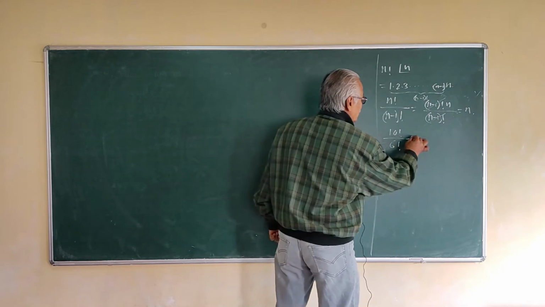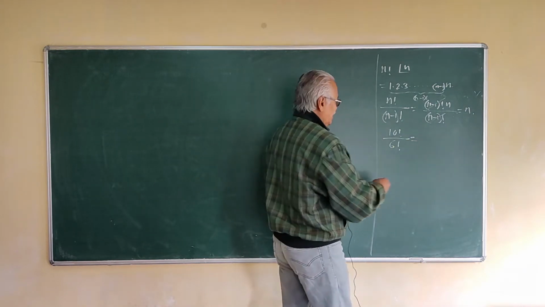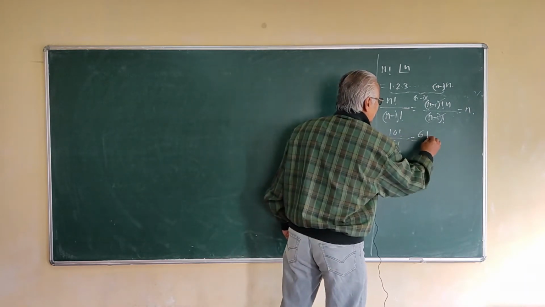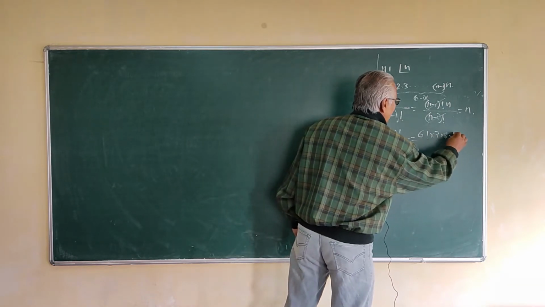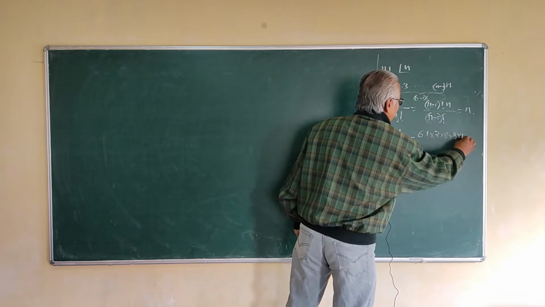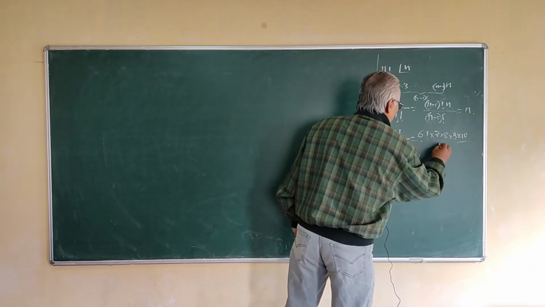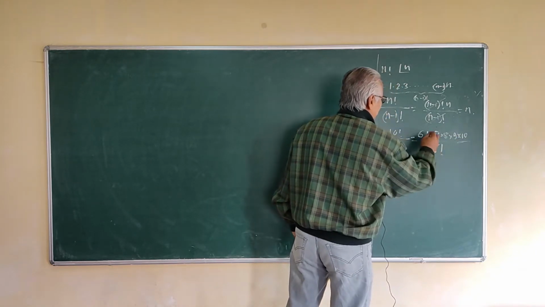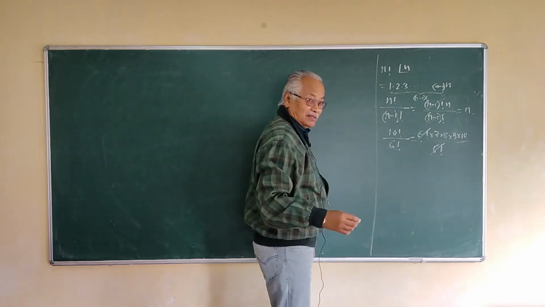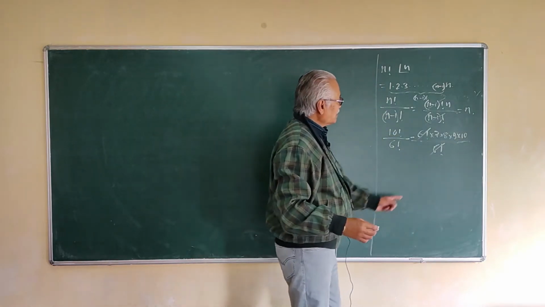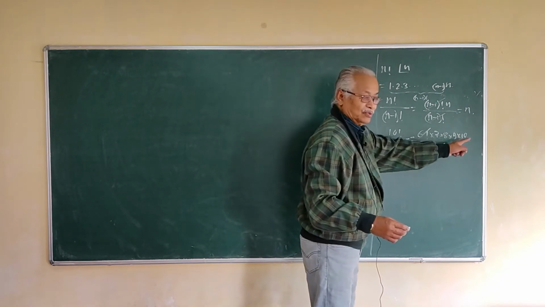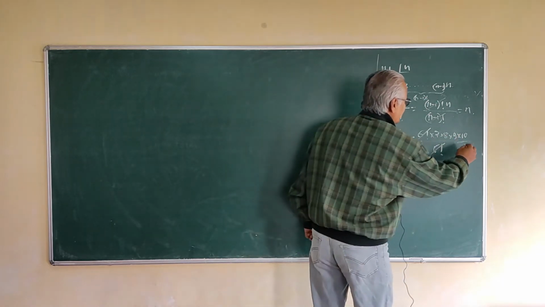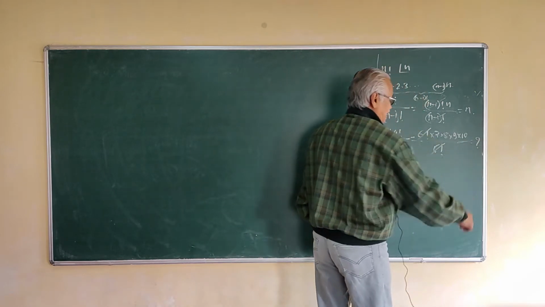So 10 factorial could be split up as 6 factorial into 7 into 8 into 9 into 10. So 6 factorial remains in both, and can be cancelled. And you can write down the product 7 into 8 into 9 into 10, and write down the result, whatever comes there.